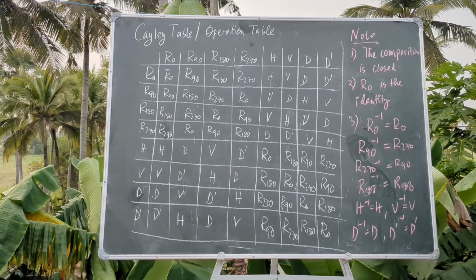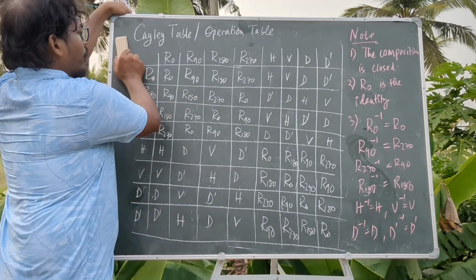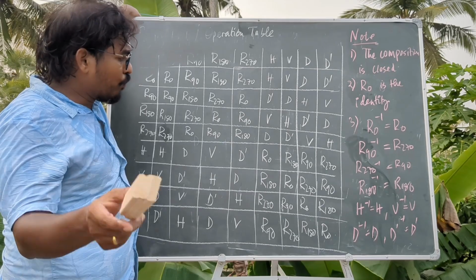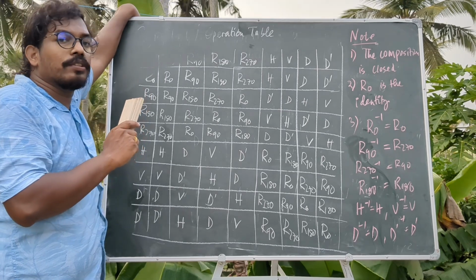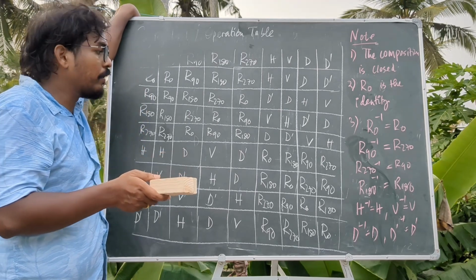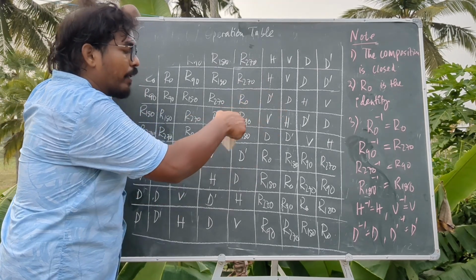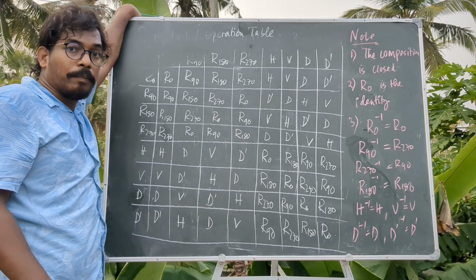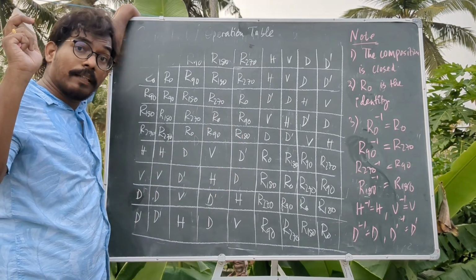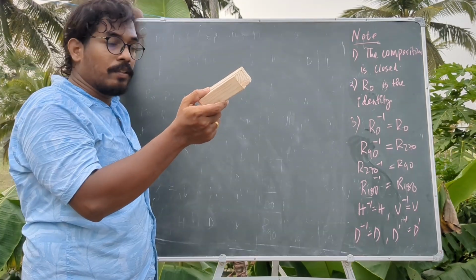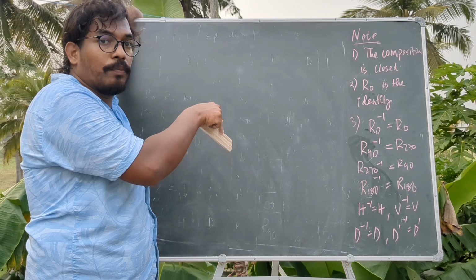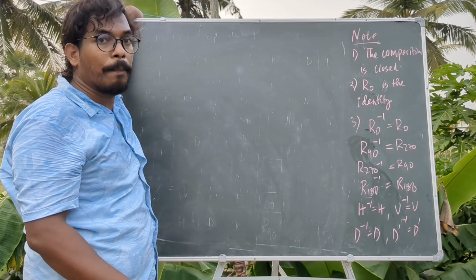Pause the video to note. And note one thing, if you are taking rotations clockwise, then you will get different entries here, because clockwise 90 is the same as anti-clockwise 270. So the entries will vary if you change your direction of rotation.